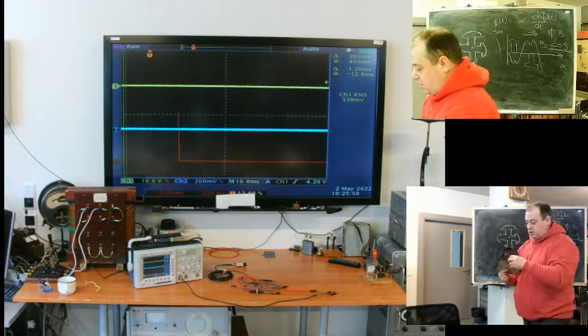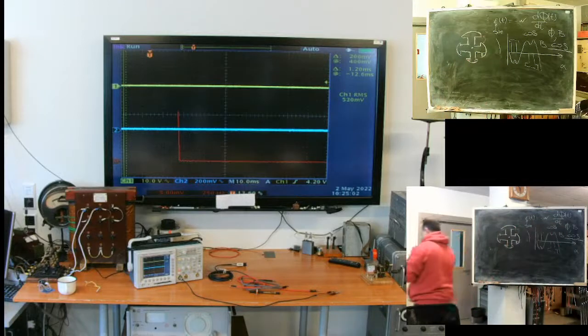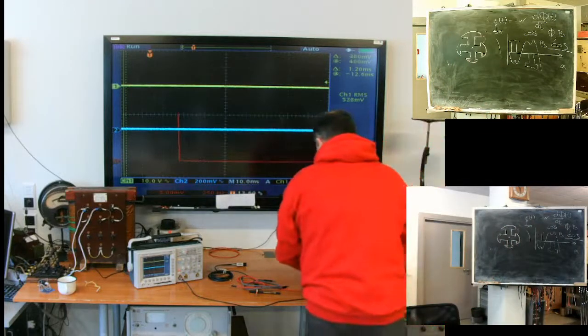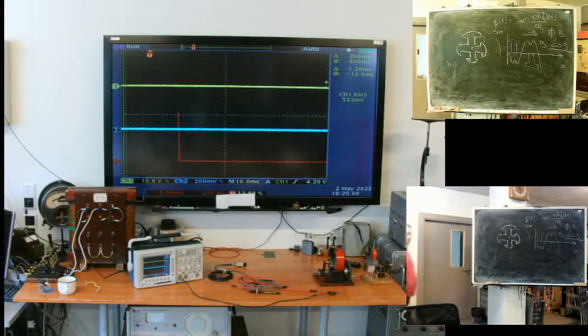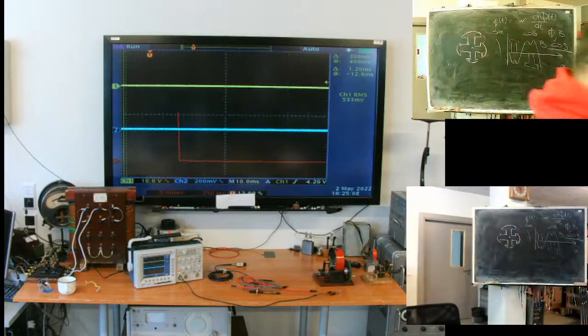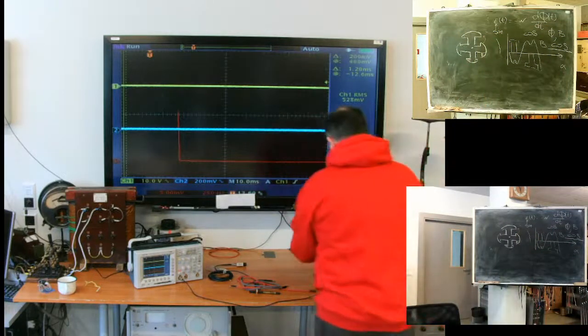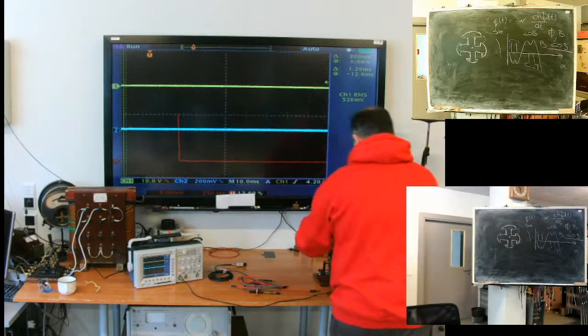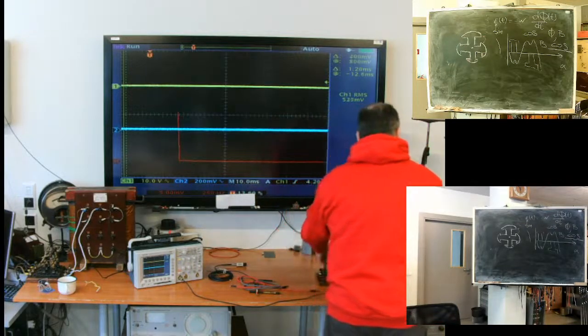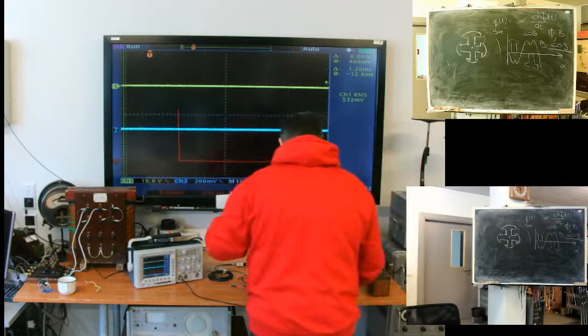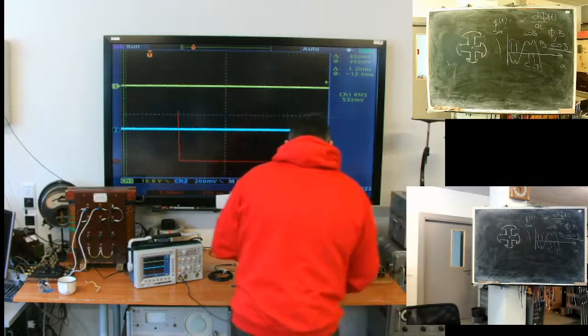Let's take a look at the voltage. One moment. I'll connect it. 1, 2, 3, 4. All magnets here. One second.